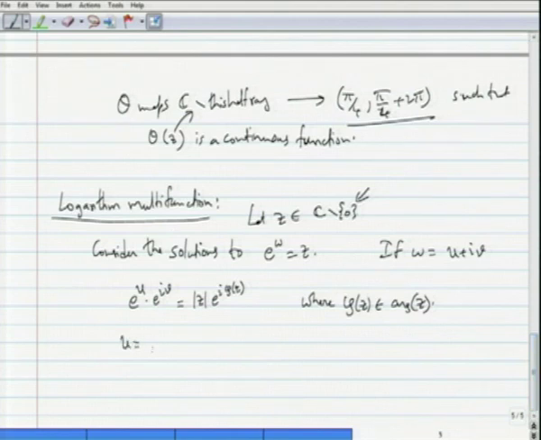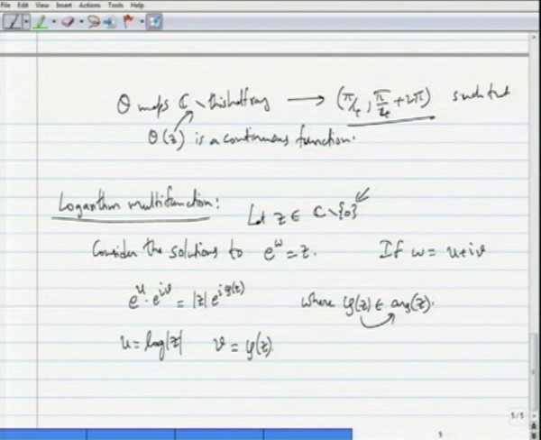So, setting u equals the real logarithm of the modulus of z. Modulus of z is always strictly positive for z not equal to 0, so the logarithm of that is defined. Of course, all these are to the base e. I will ignore the base e, because we will always consider the base e in this context. And then you notice that v can be taken to be phi of z.